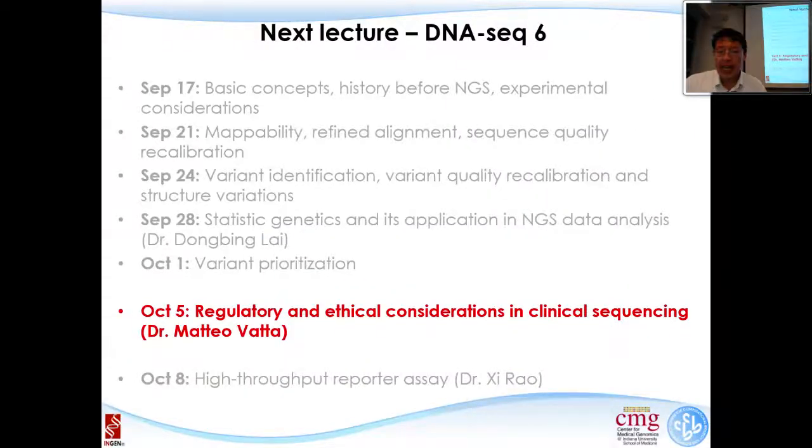And for the lecture this coming Friday, we will have a guest lecture from Dr. Matteo Vata, talking about regulatory and ethical considerations in clinical sequencing practice, all those different rules that research sequencing normally doesn't follow. All right, we are done for today. Have a good week, not weekend.